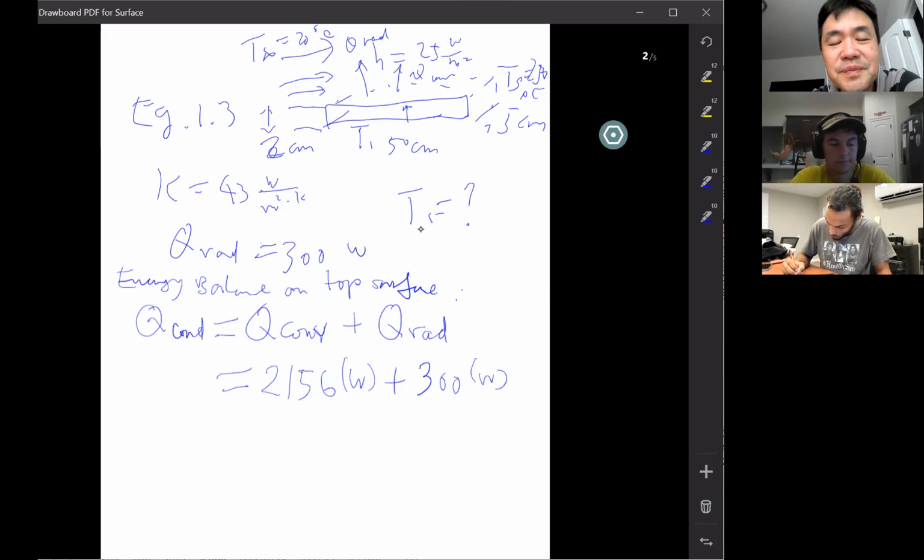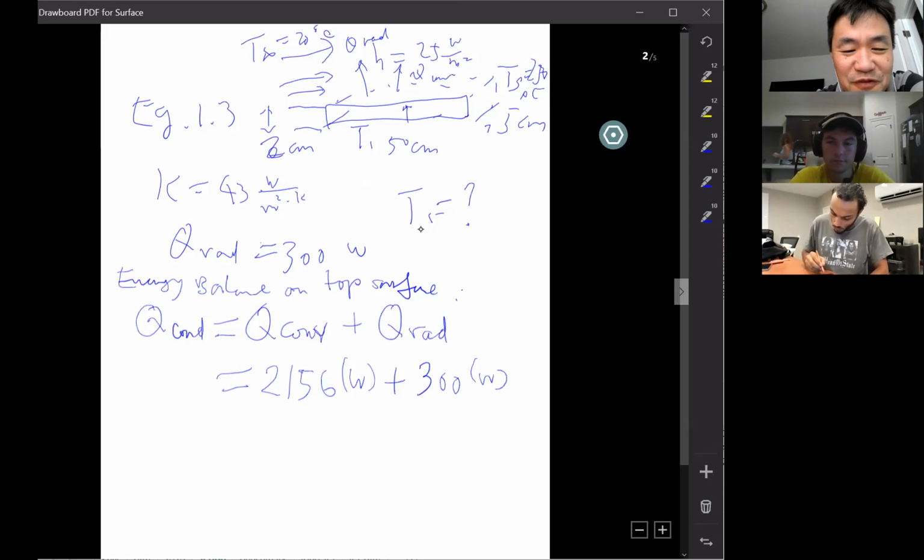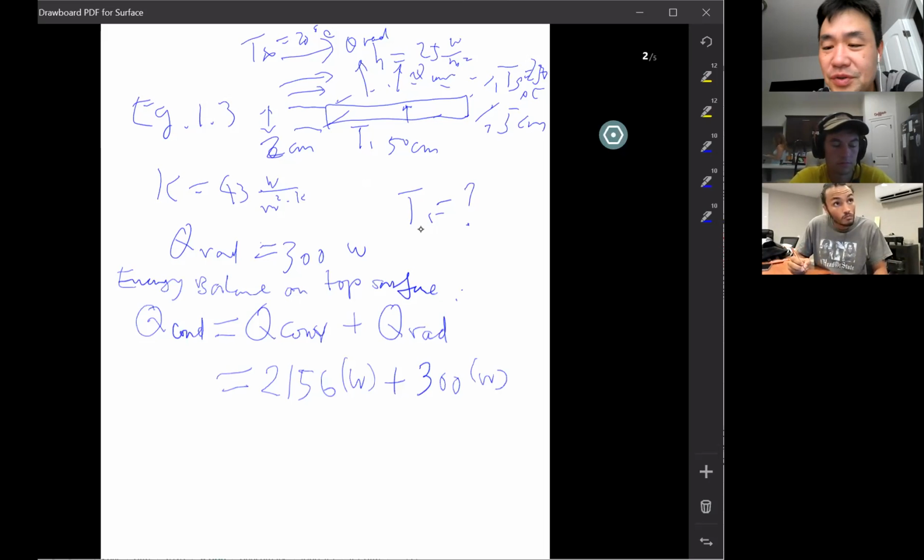Conduction. Now look at the inside of the plate, conduction. Do we know the value? I know it's 2456. I know the total value, but it doesn't help. It asks us to calculate the temperature T1 on the other end of the surface. So I need to write down the expression for the conduction heat transfer.